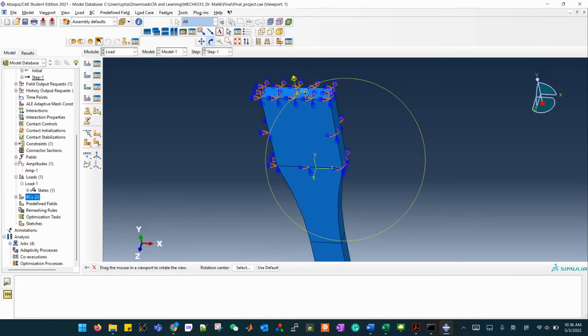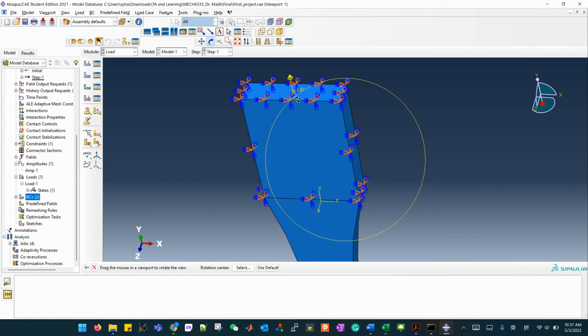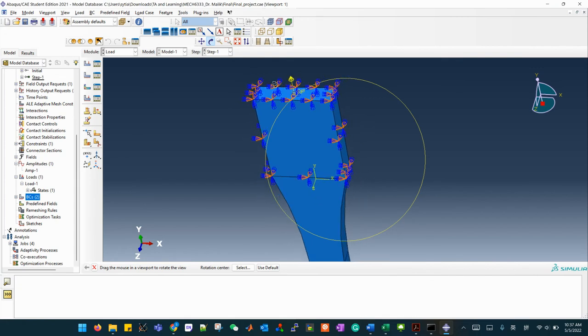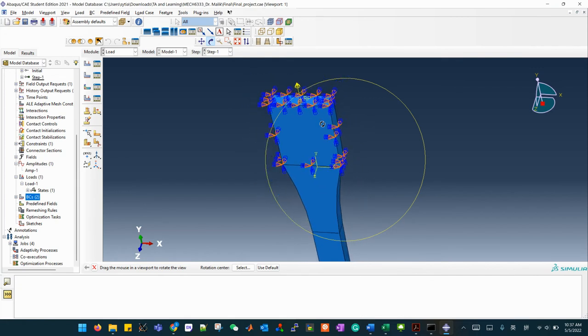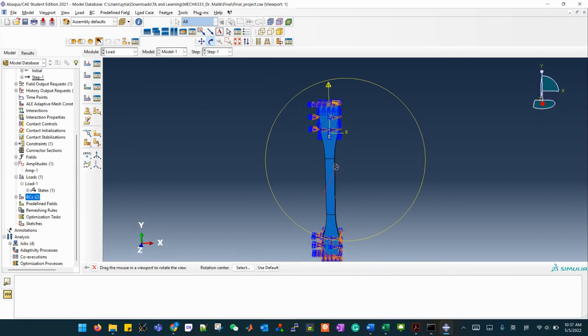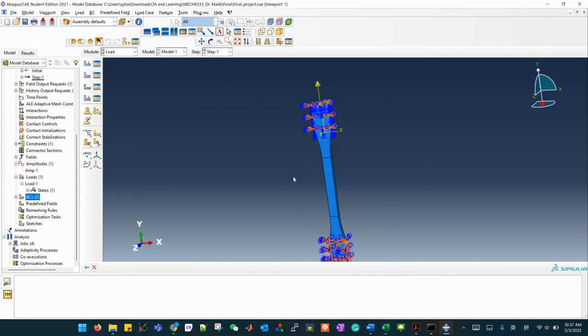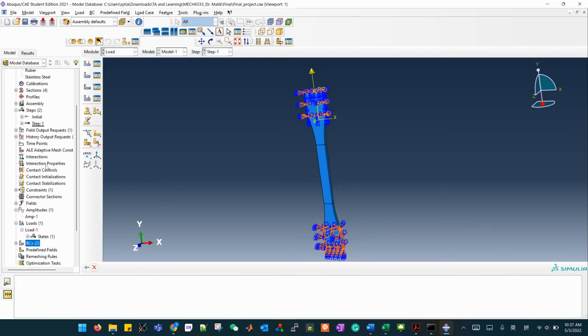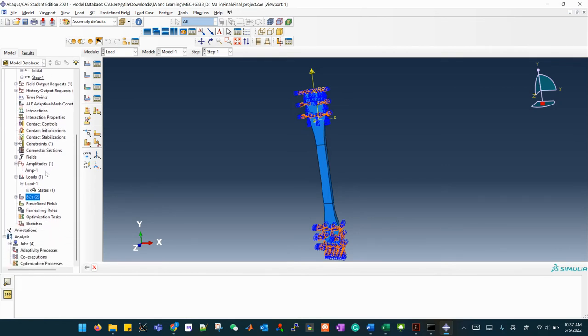And for the top surface, we have a reference point, which means this whole surface will move together. And that's basically the setup of the uniaxial tensile test.